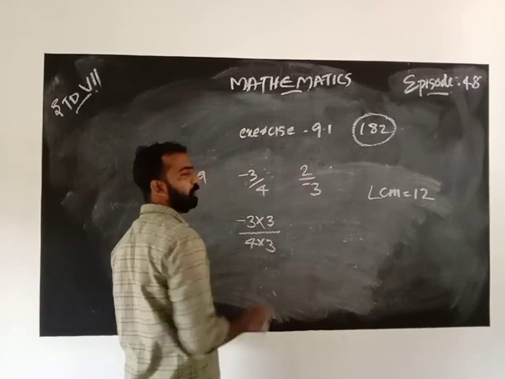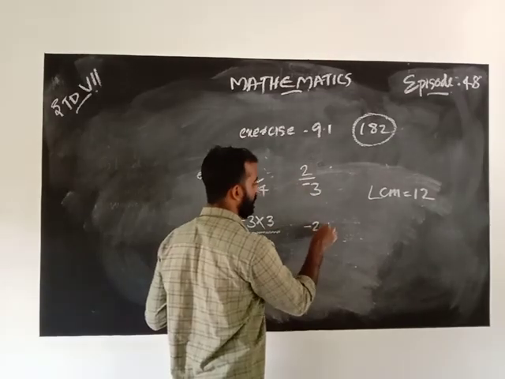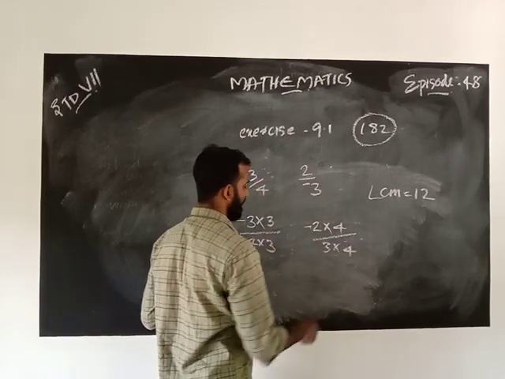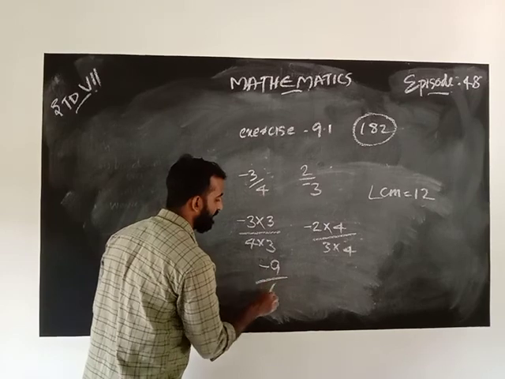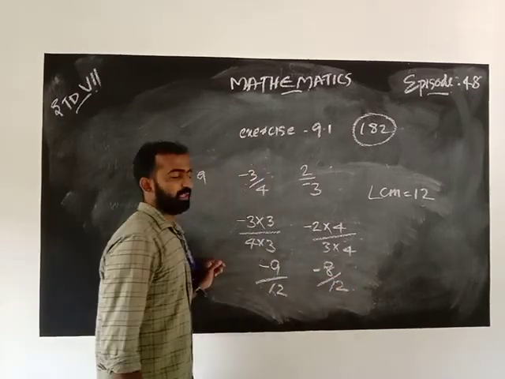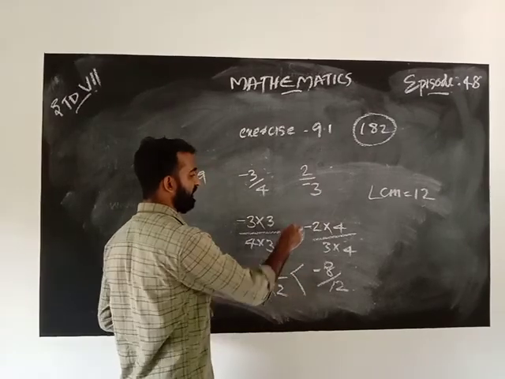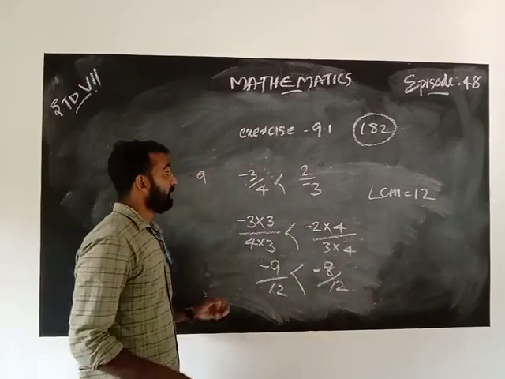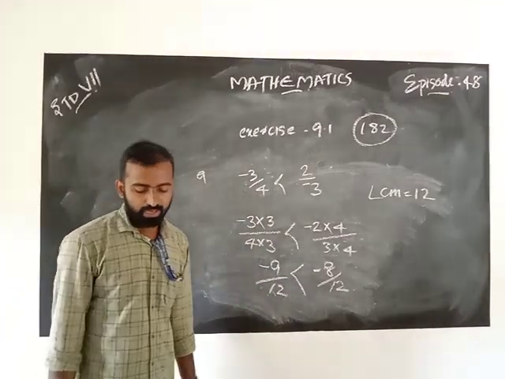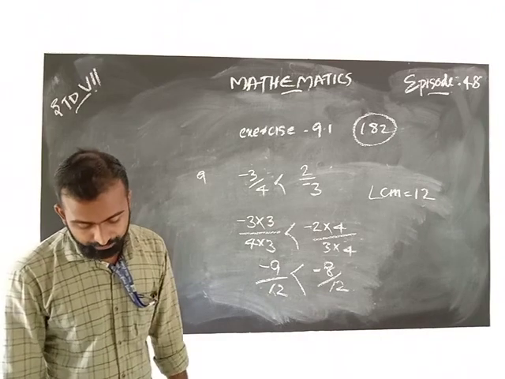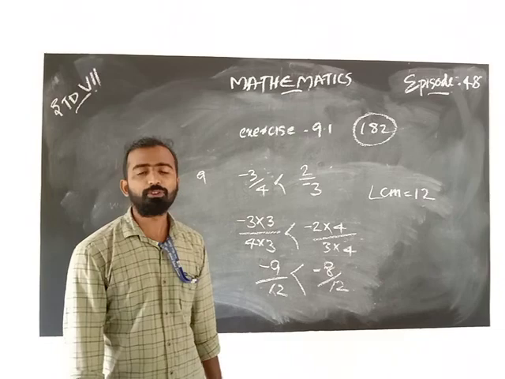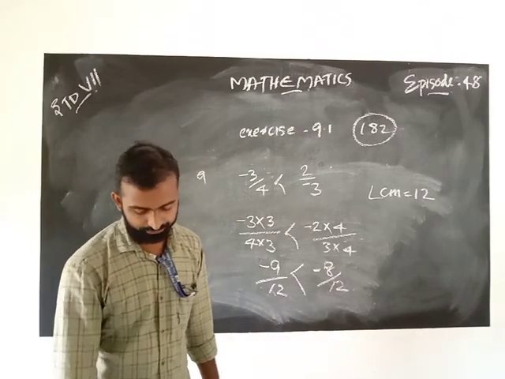We can write 2 by negative 3 as negative 2 into 4 divided by 3 into 4. That is negative 9 divided by 12 and negative 8 divided by 12. Negative 8 is greater, so we can say that negative 3 by 4 is less than 2 by negative 3.